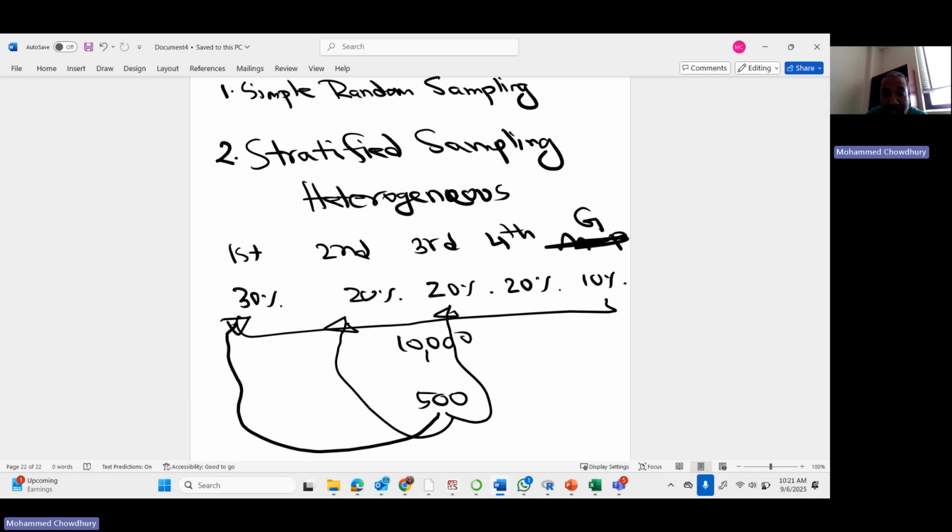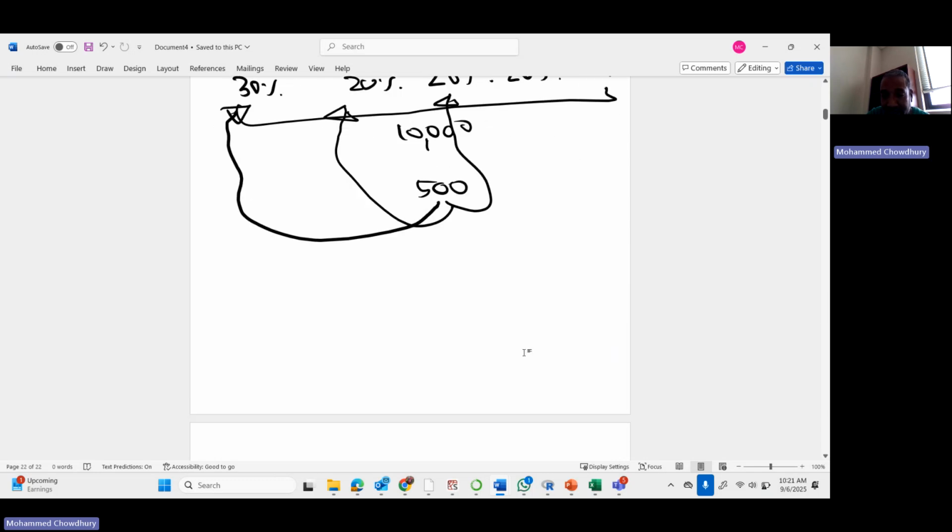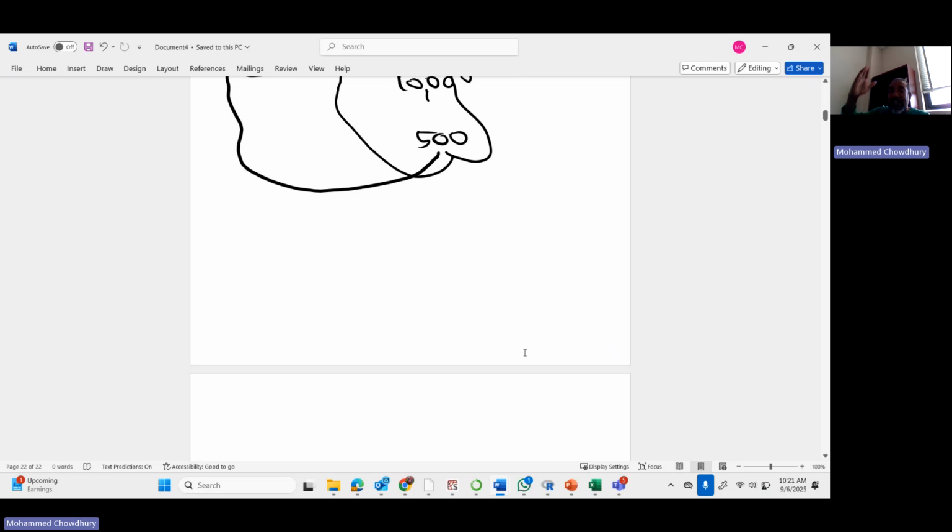If you take the sample this way, that sampling method is known as stratified sampling. Stratified sampling means that for a heterogeneous population, you stratify the units into homogeneous strata, and then from each stratum you take a sample of your desired size.